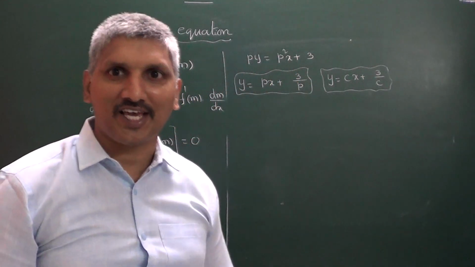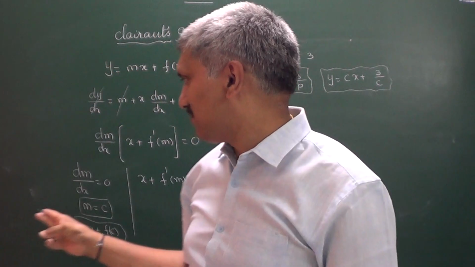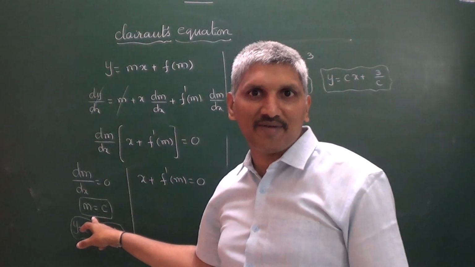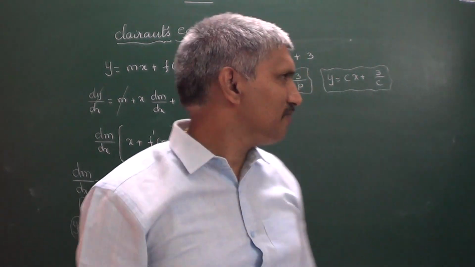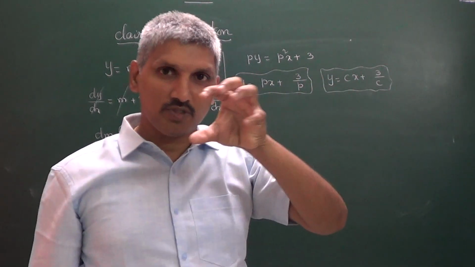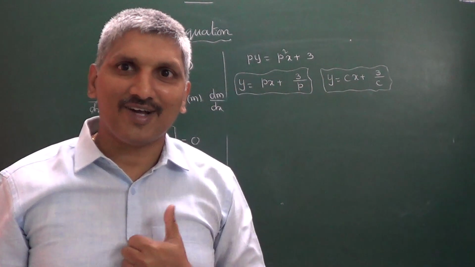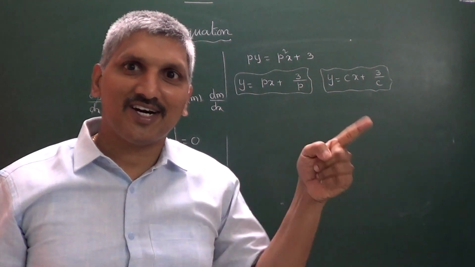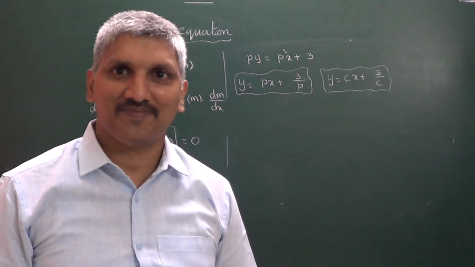You know what is c? C is nothing but m, yes or no? If you observe this carefully, if you have strong knowledge of the parabola, definitely you can say the singular solution also.